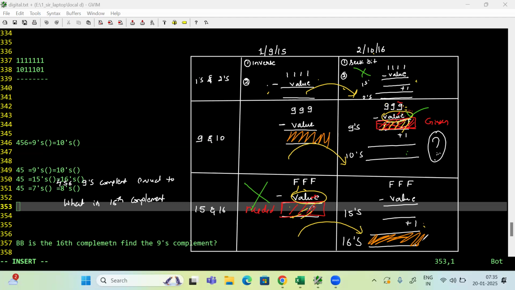Subtract by 1 if you do this number, what you will get? You'll get this one. If you subtract this value by FF, what you will get? You'll get the value. Can't you get this? Try them.